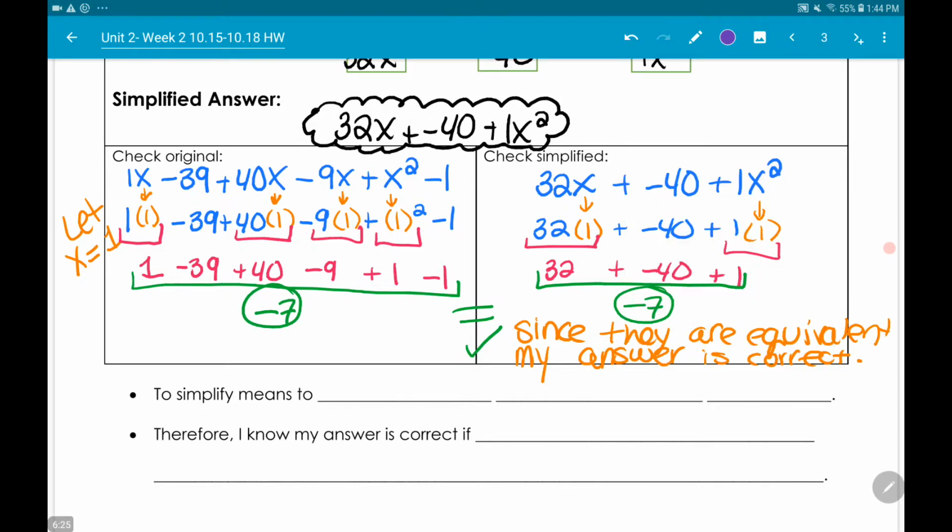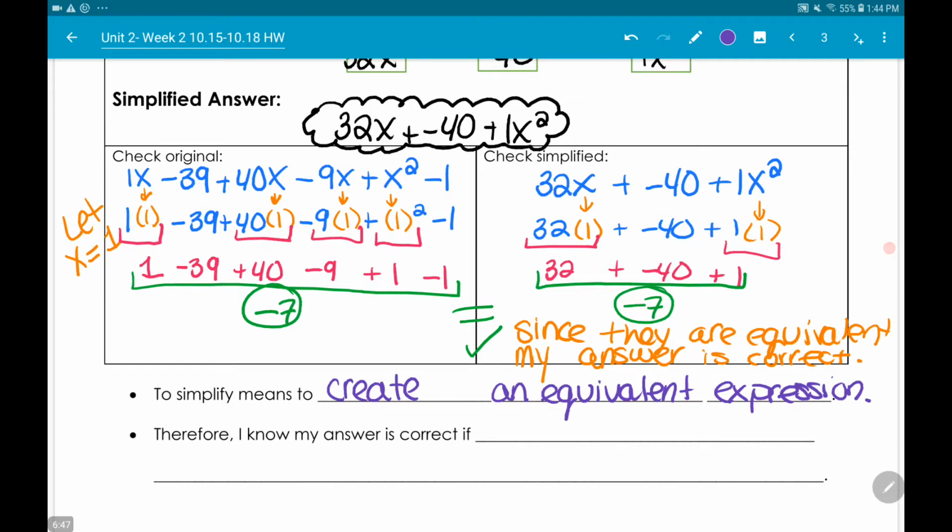Okay. So to simplify means to create an equivalent expression. So what we did when we simplify or combine like terms is we're just creating a smaller equivalent expression.